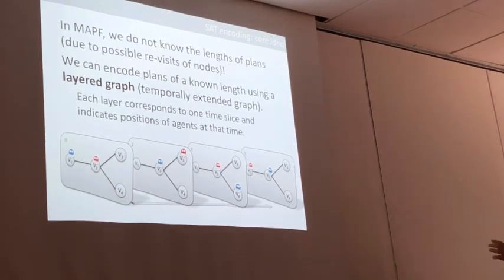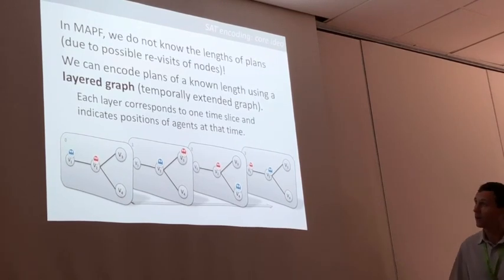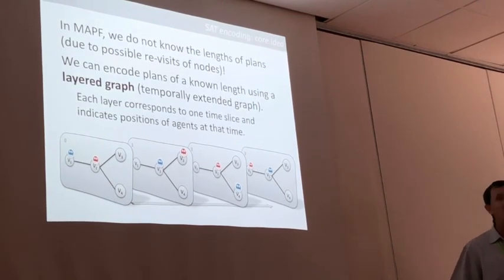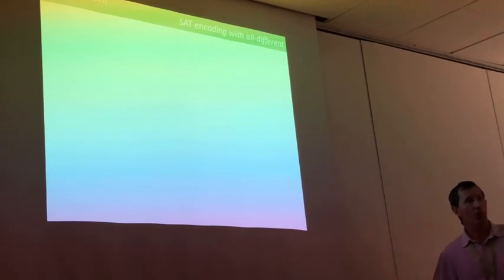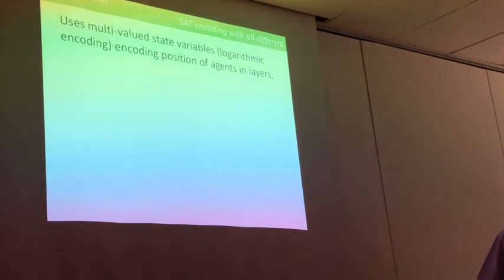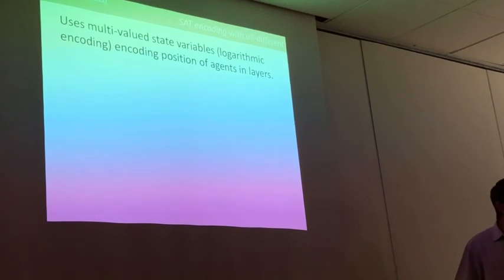So I will now show you I guess two encodings in SAT to solve this problem. The first one is using the all different constraint, and it's actually using the multi-valued state variables, so numerical variables, not the Boolean variables, but they are translated to Boolean variables. And the idea is that each such variable encodes a position of an agent, a node where the agent is at a given layer.